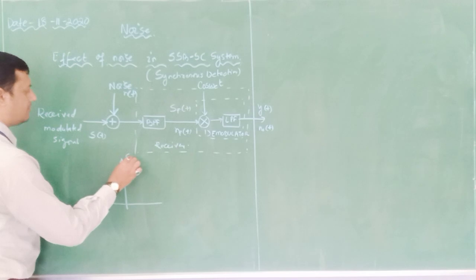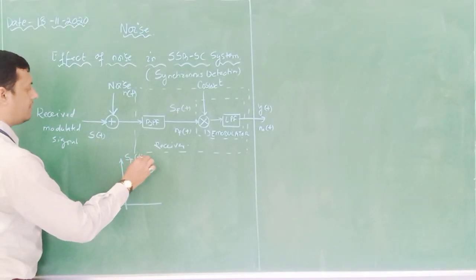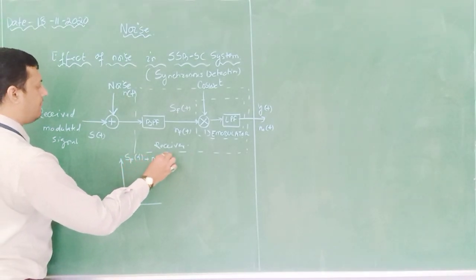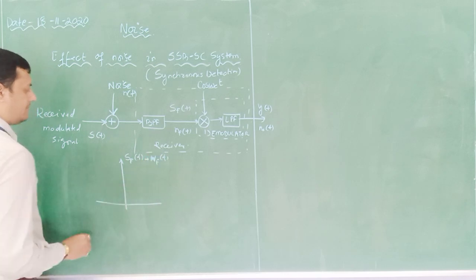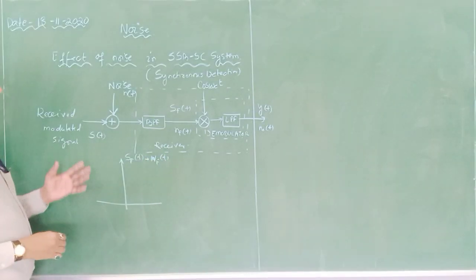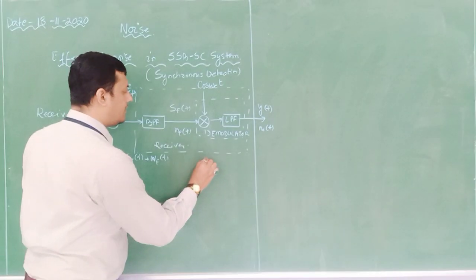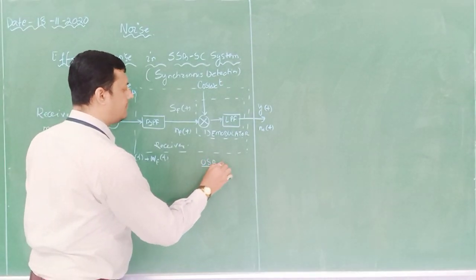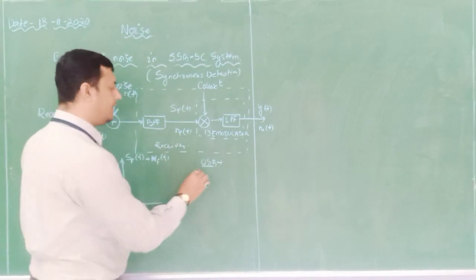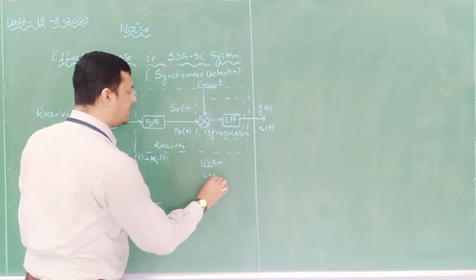So, S_F(f) plus N_F(f). Now let us consider we are receiving the upper side. We have two components, one is USB and one is LSB.